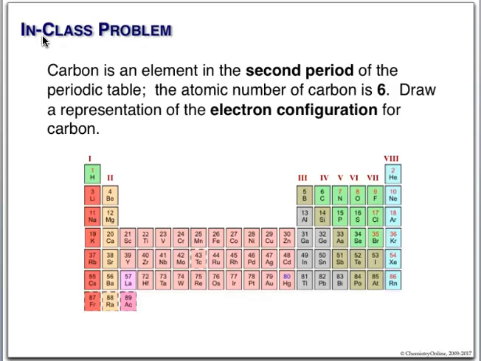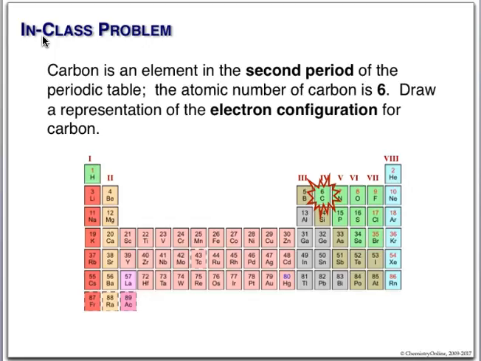Carbon is here, and again it's number 6. It's in our second period. So in order to get to the second period, the first period has to be full. So we filled our first period. This is 1, it's an s orbital, and we have 2 electrons in it.